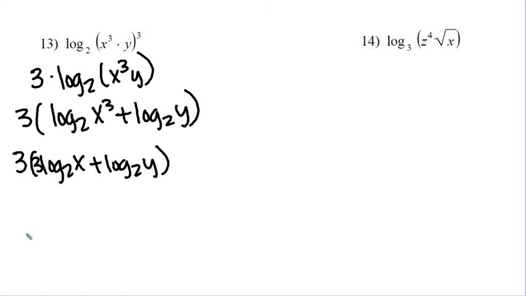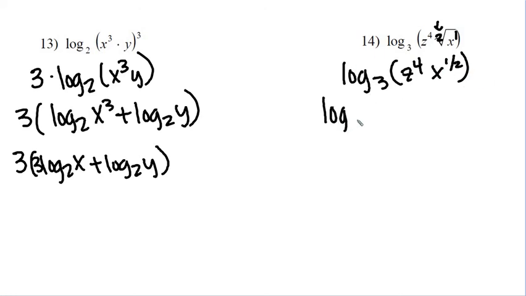Okay. Number 14. Again, we have a product, and again, we have that radical that we need to write as an exponential. So I'm going to do that first. Log base 3, z to the 4th, x to the 1/2, so power over root, understood to be 2. So I'm going to deal with the product rule first because I can't pull either of those powers out because they only go to each individual.